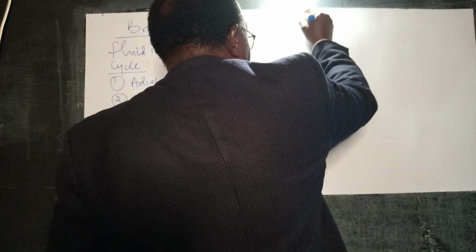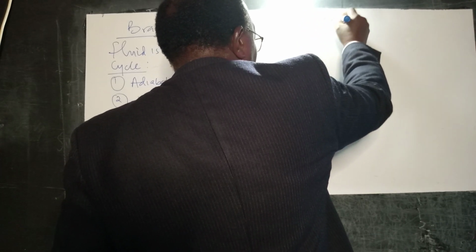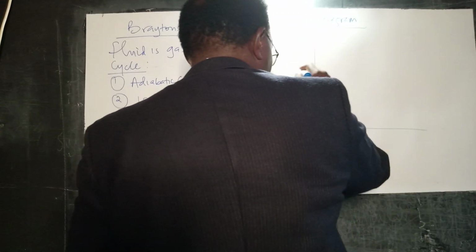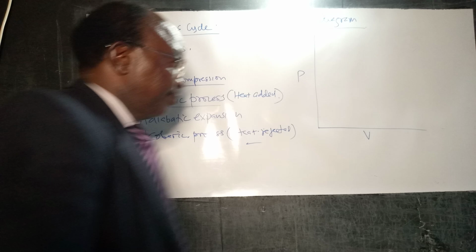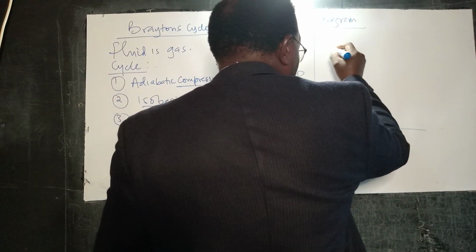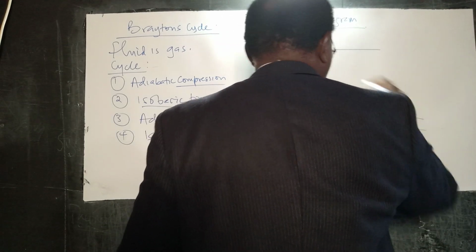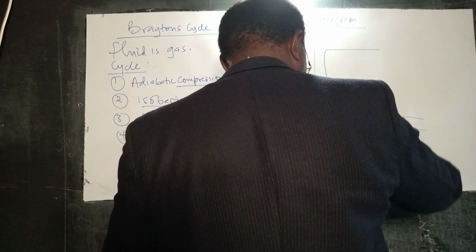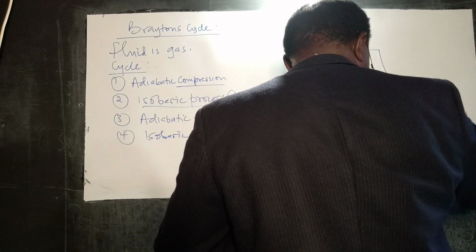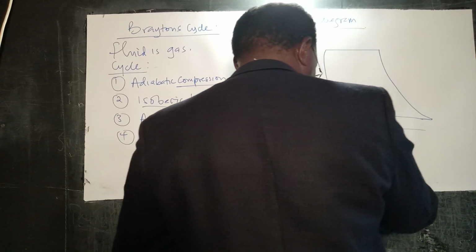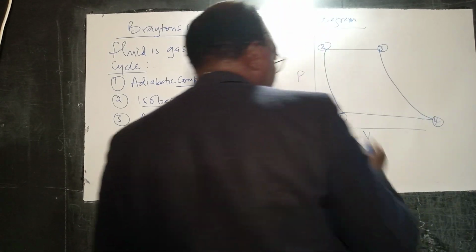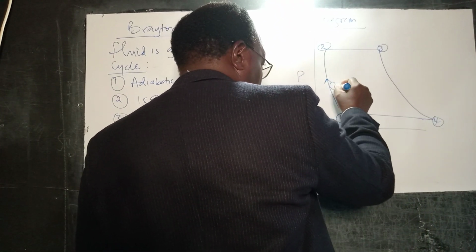So if you look at the PV diagram, we have pressure, we have volume. And in this process we have state point 1, state point 2, state point 3, state point 4. This is compression.